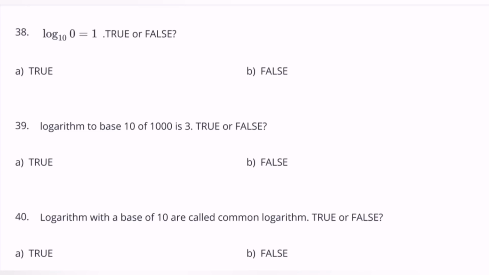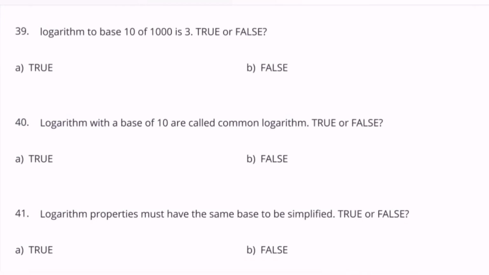Next, we have question 38. Log base 10 of the value 10 is equal to 1. So the situation would be log base 10 to the value 10, then only equals to 1. So for this case, it is a false statement for question 38. Question 39, we have logarithm to base 10 of the value 1000, it is equal to 3.